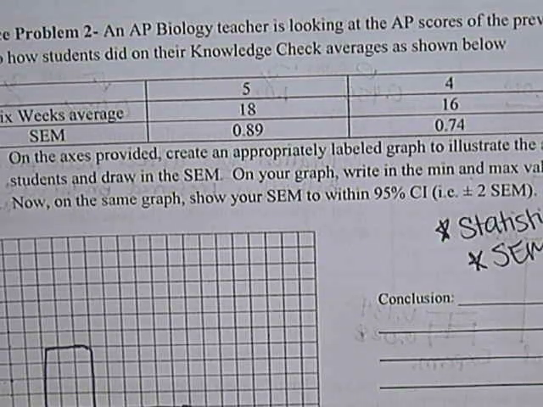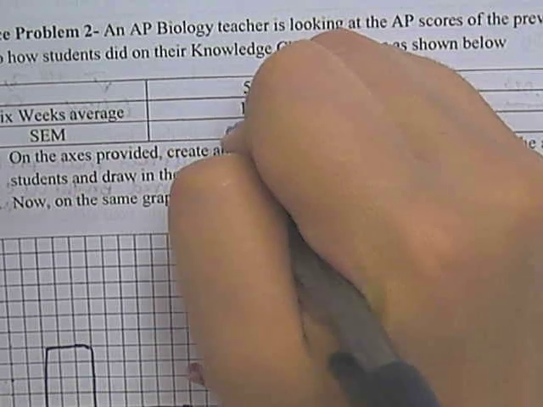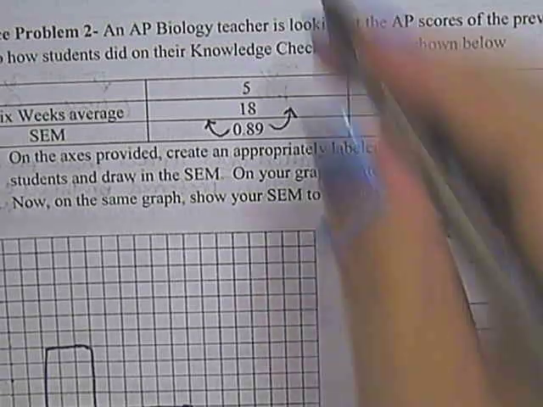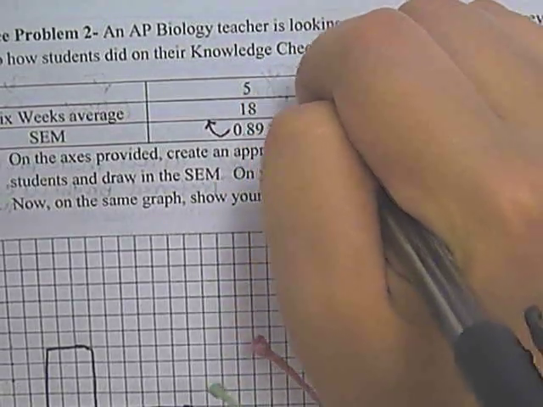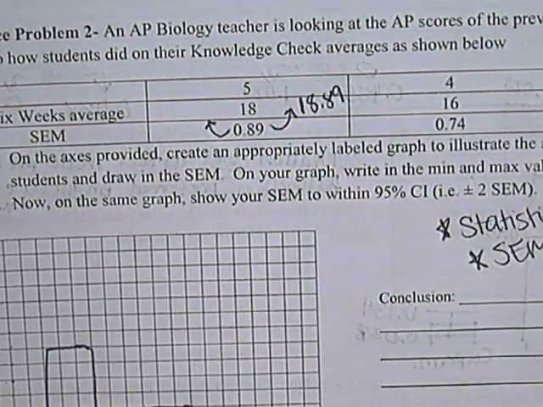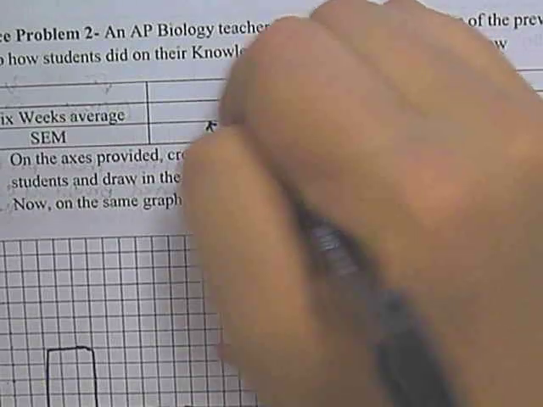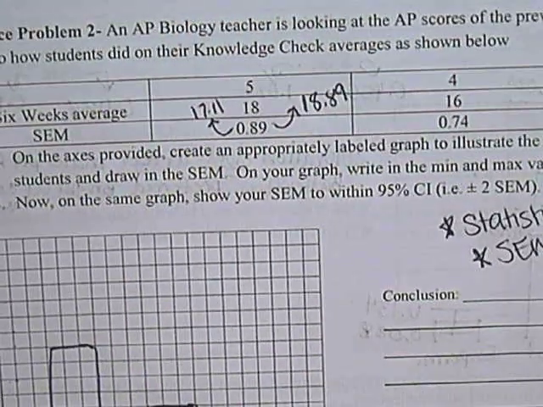So for 18, we're going to go up 18.9, and then we're going to go down 18.9. Sorry about the bell. So the upper extreme of this SEM bar is going to be 18.89. And then you have calculators. You're going to subtract these to get the lower extreme of your bar, so it'll go to 17.1.